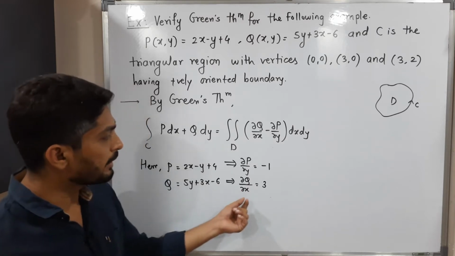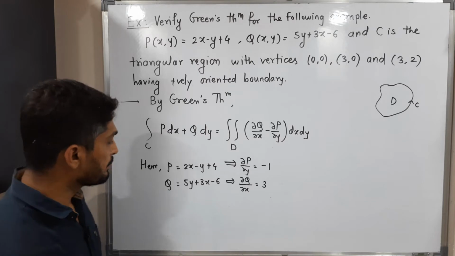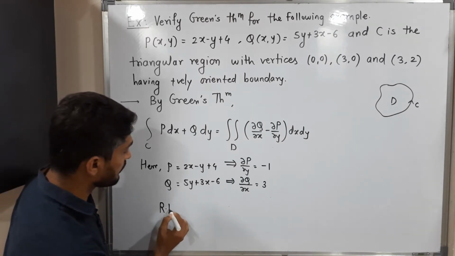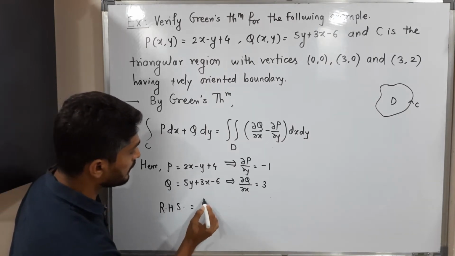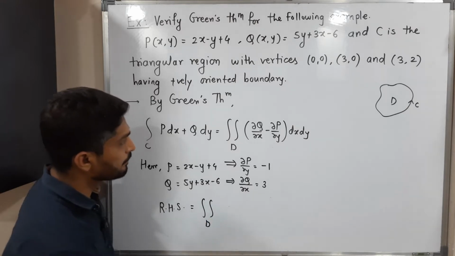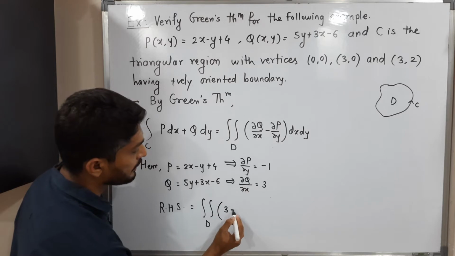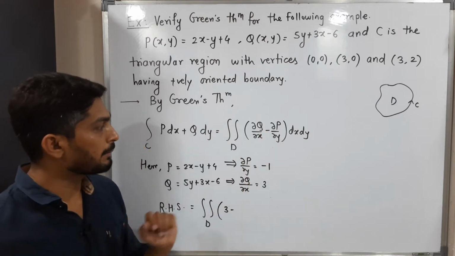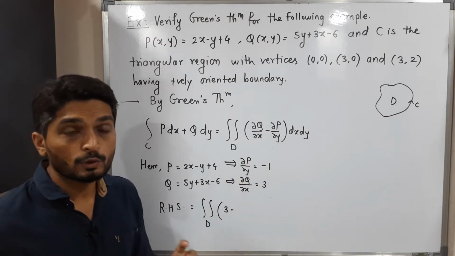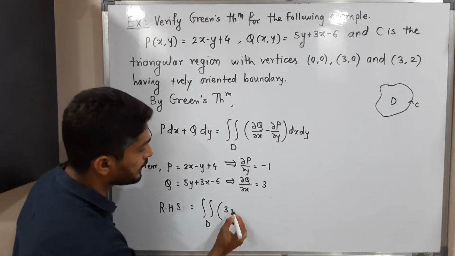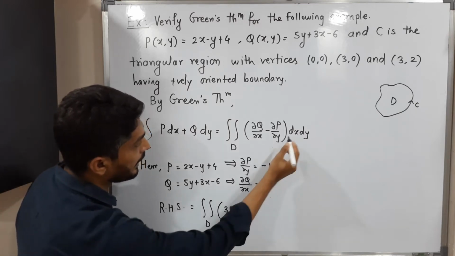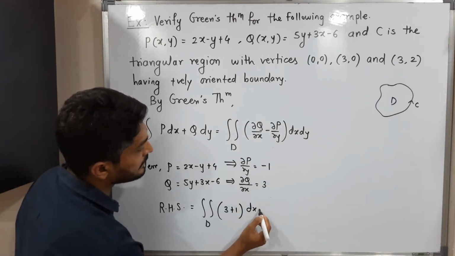So del Q by del x is 3. So the right hand side is equal to double integration over D of del Q by del x, its value is 3, minus del P by del y, its value is minus 1, but you know minus minus is plus. So let me write here plus 1, and after that we have dx dy.